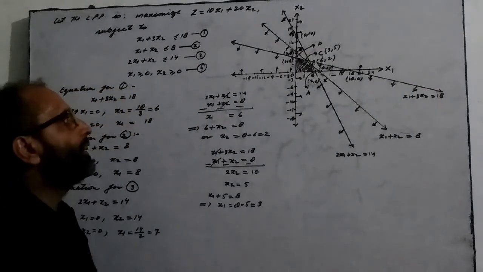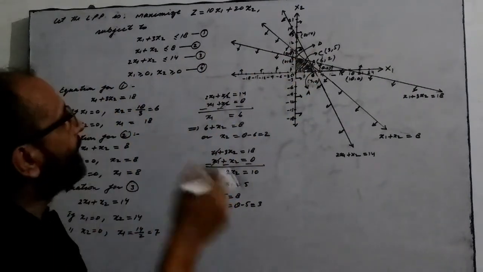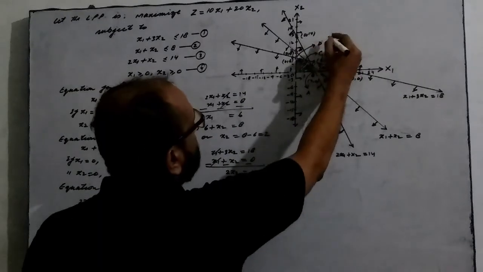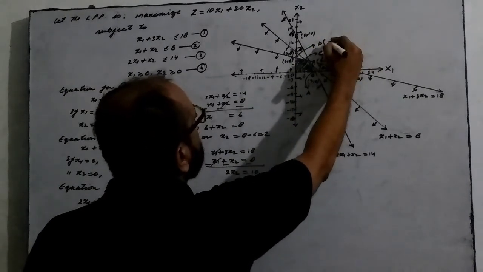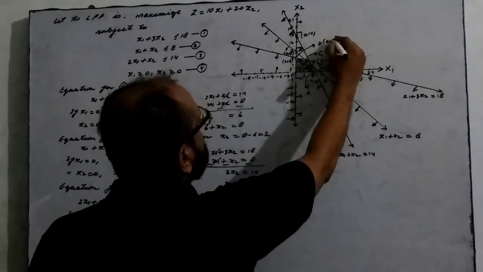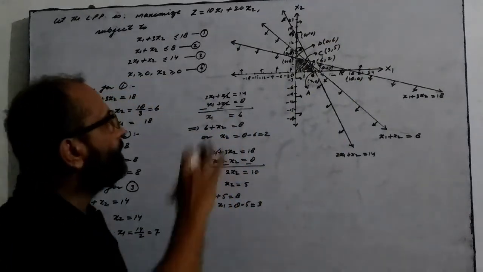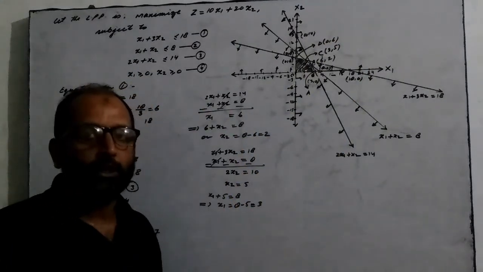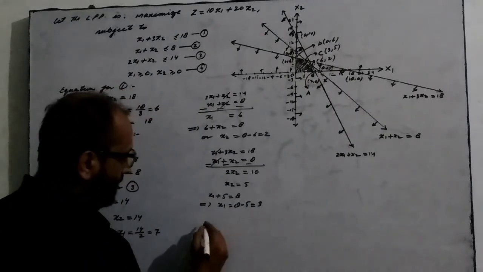Now only one point is left, D. No, sorry, the coordinates of D are clear, that is 0, 6. So now we have the coordinates of all the corner points of the feasible region. After doing so, what is the next step?